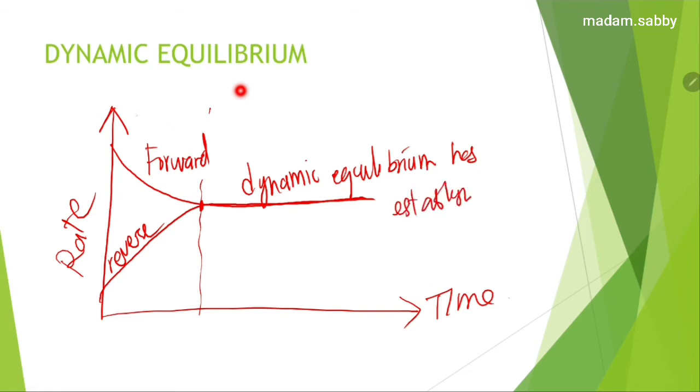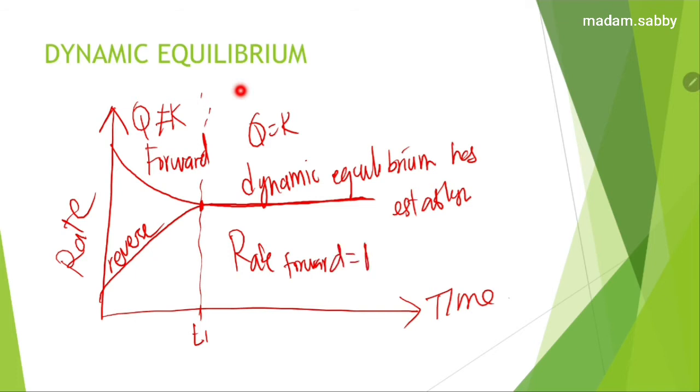So initially Q is not equivalent to K, but after T1 Q equals K, and I can see the rate of my forward reaction equals the rate of my reverse reaction. So you have to remember these three criteria. After reaching the dynamic equilibrium, first, the concentration of all reactants and products remains constant over time.